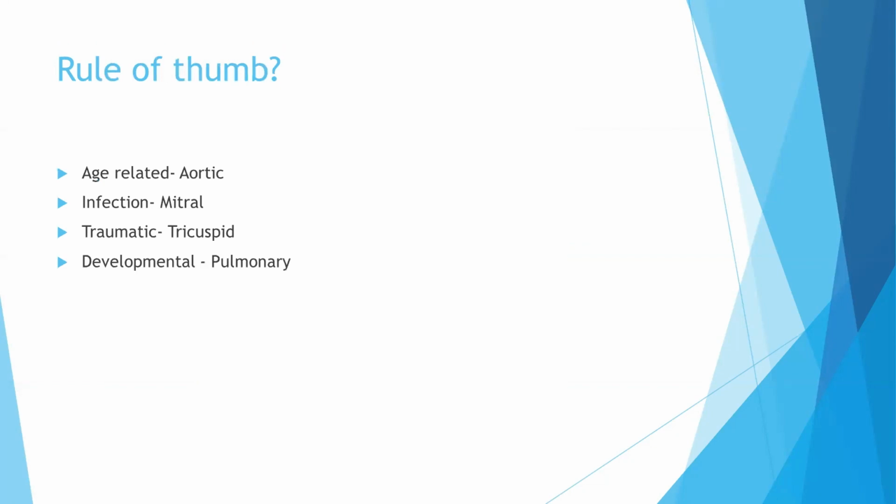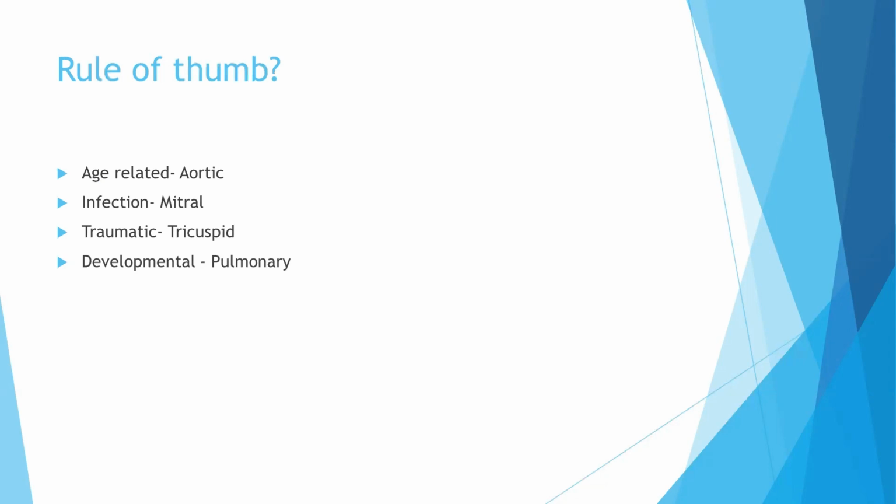If you cannot get to the answer about the causes of the valve disorders in your USMLE question, if you are left with nothing, then you can just remember this rule of thumb. If the condition is age related, then it may be affecting the aortic valve. If the condition is infection related, then it may be affecting the mitral valve.